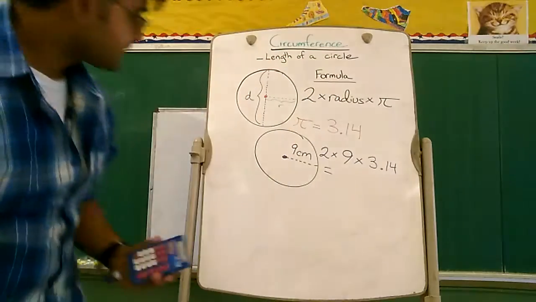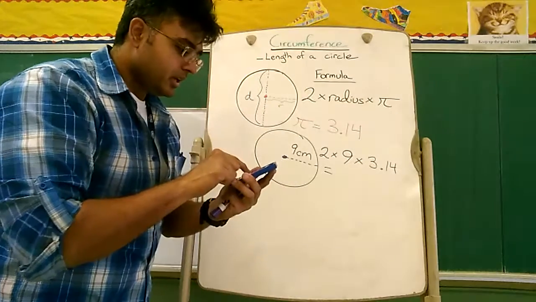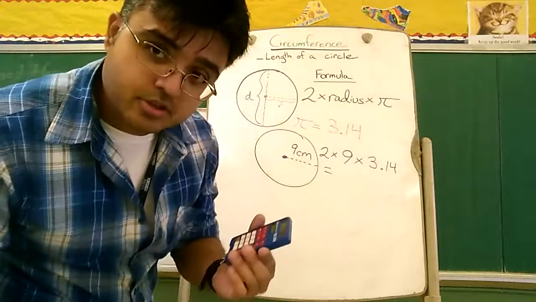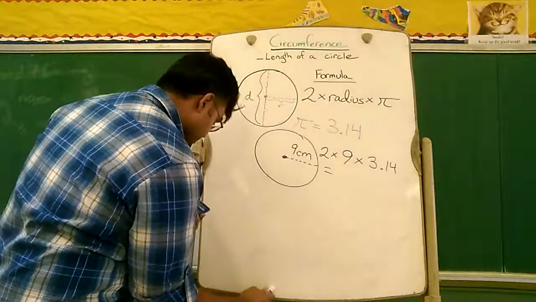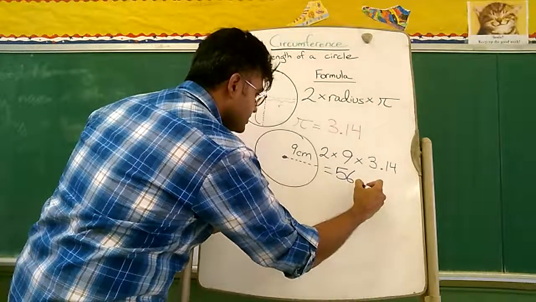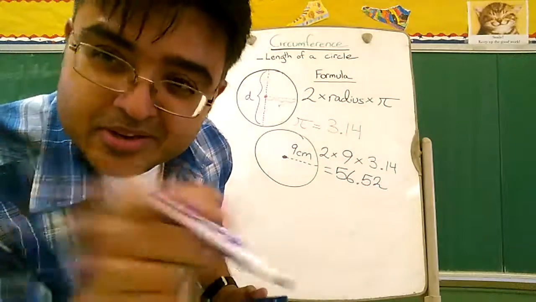So let's try it. 2 times 9, 18. Good. 18 times 3.14. And the answer is 56.52 what? Centimeters. That's it.